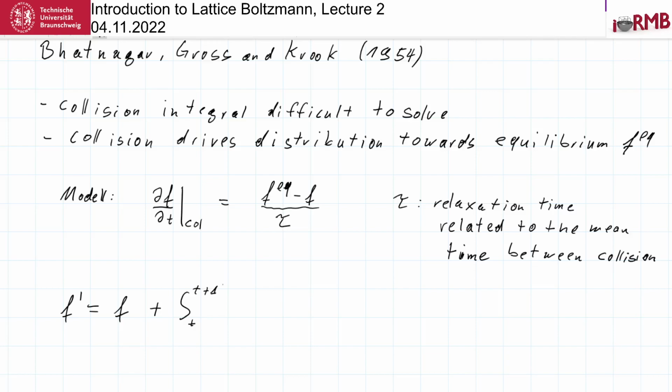Over a time increment that I call now delta t, later, this is F equilibrium minus F over tau, and this is integrated over t.